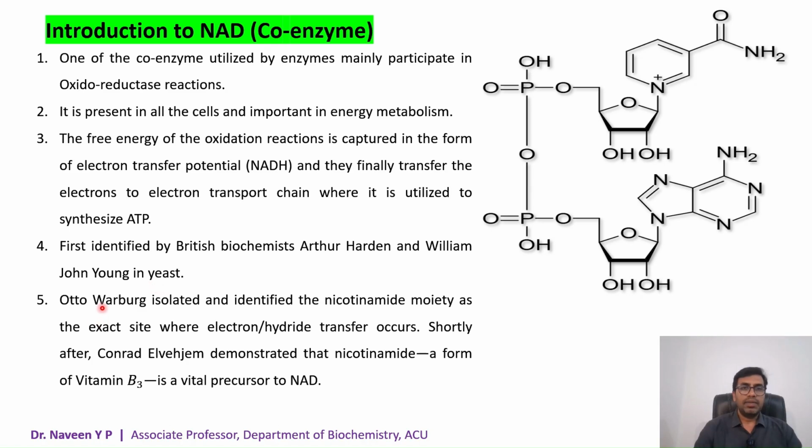They were followed by Otto Warburg, who isolated and identified the nicotinamide moiety, isolated the whole molecule, and identified the exact site where the electron hydride transfer happens. Shortly after, Conrad Elvehjem demonstrated that nicotinamide, a form of vitamin B3, is a vital precursor of NAD. So these are the important milestones for the discovery of this NAD coenzyme.